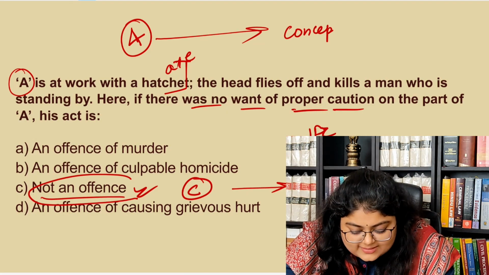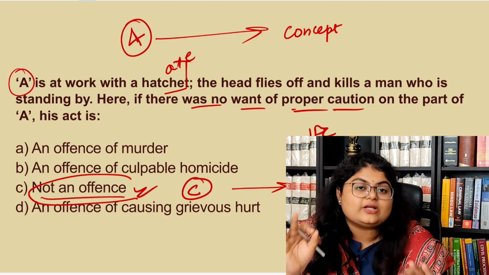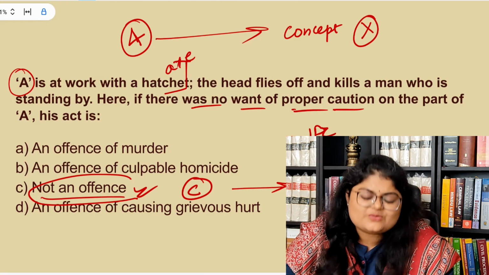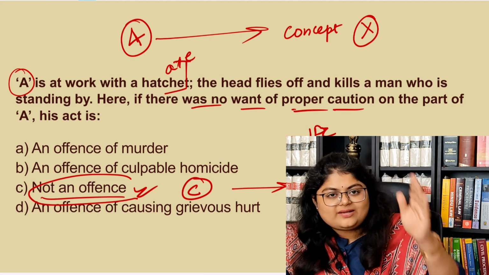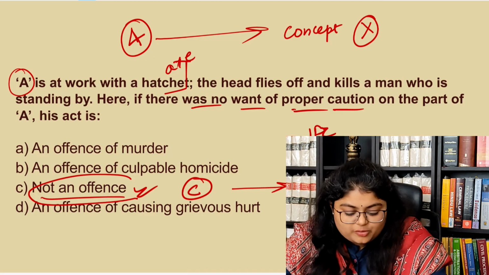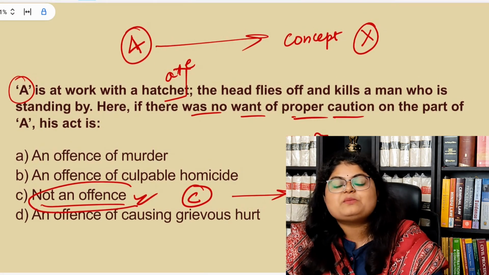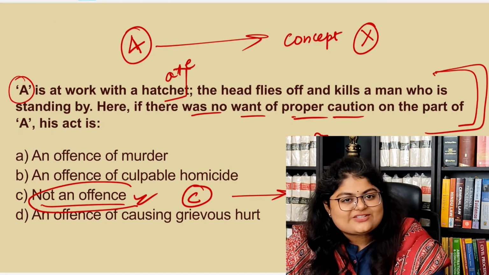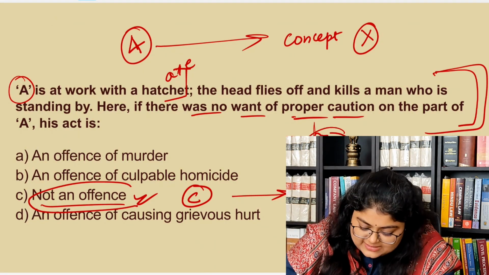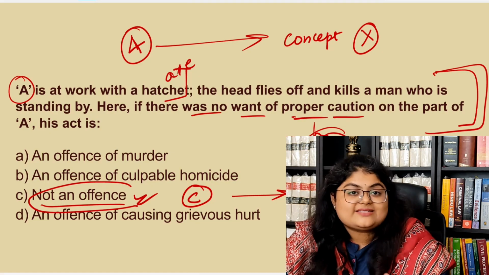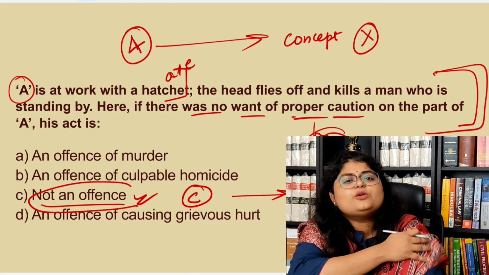For concept-based questions, wherever concepts or principles of law are being asked, there is no change. In category 1, type 1, type 2, type 3, change will be there. But for type 4 questions, where they are asking based on a principle or a concept of law, there is no change. It is not an offense under IPC, and not an offense under BNS either. If you understand this very clearly, you will not be confused in the exam.